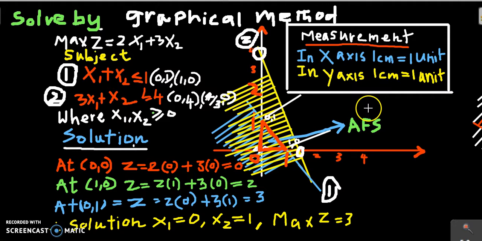Very good. Now we have to find the area of feasible solution. Before that we have to take the measurements, everything. That is also very important. Some students are not writing this. Now what is the area of feasible solution? The area of feasible solution is the intersecting area of these constraints. This constraint is this straight line with the blue color area, and this constraint is this straight line with the yellow color area.